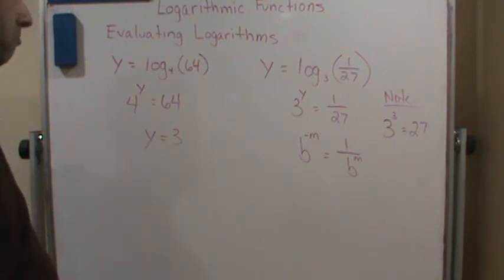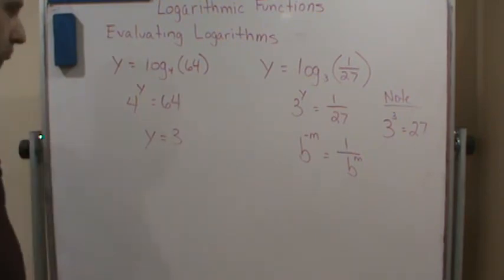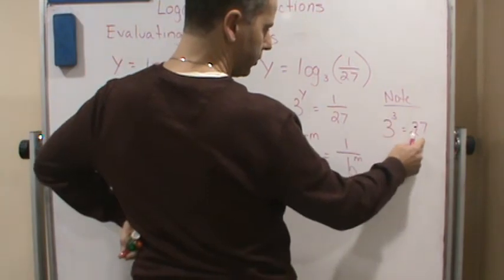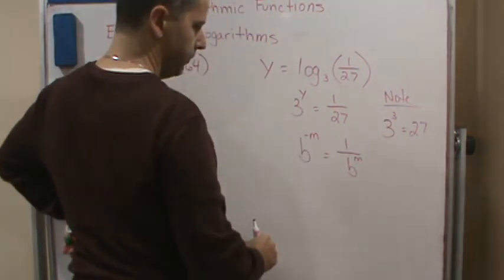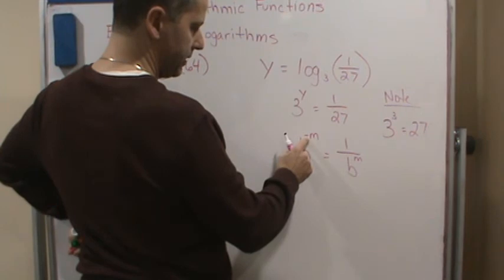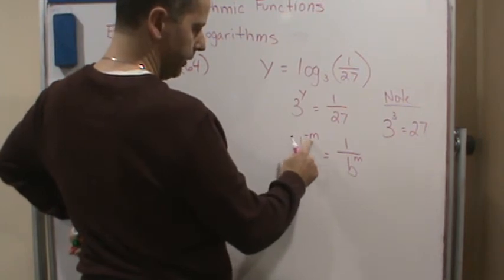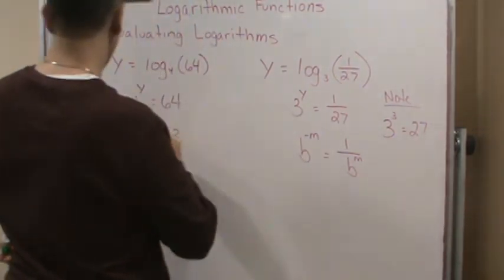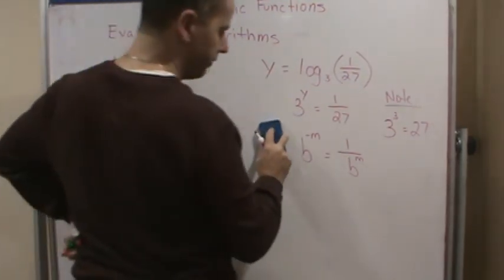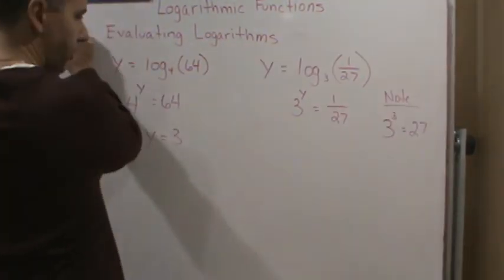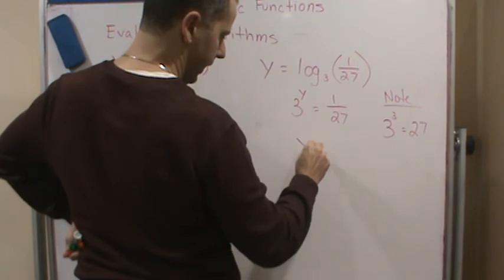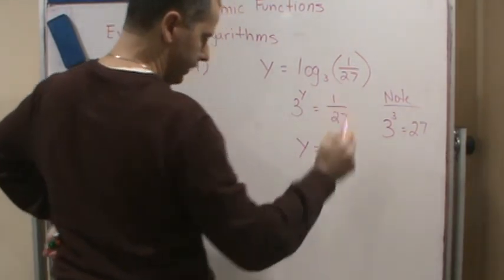So if we use that to our advantage, then if 3 to the third power equals 27, then if I take the opposite of this power, that's going to give me the reciprocal. So that tells me that this is going to be a negative exponent. So this coupled with this tells me that y equals negative 3.